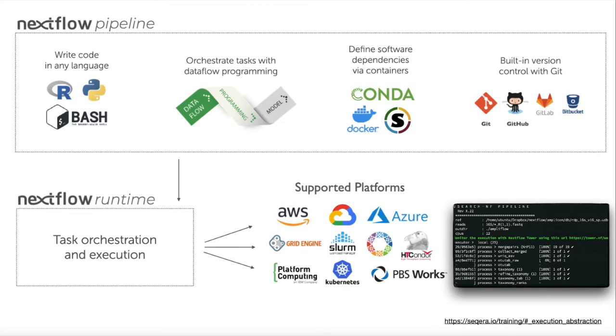So this is coming from the Nextflow website, and basically you can see that Nextflow allows you a lot of flexibility, because any programming language is well supported. Nextflow can orchestrate the job execution. It has tight links with Conda, Docker, and Singularity, and it's working really well with version control.